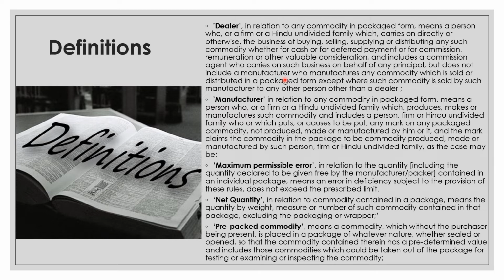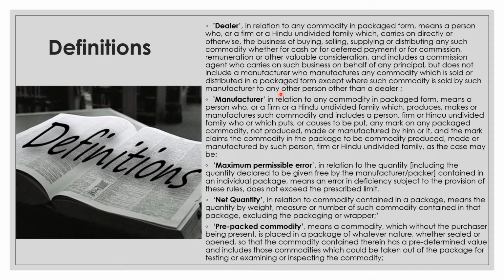A manufacturer is not a dealer, who manufactures any commodity which is sold or distributed in a packaged form, except where such commodity is sold by such manufacturer to any other person other than a dealer. So only if the manufacturer sells those goods which are manufactured by him to the final consumer directly, then the manufacturer is also called a dealer.